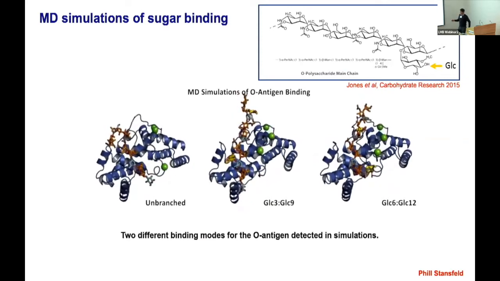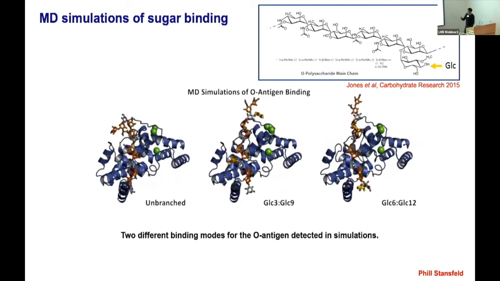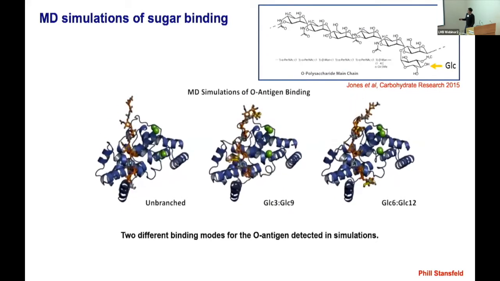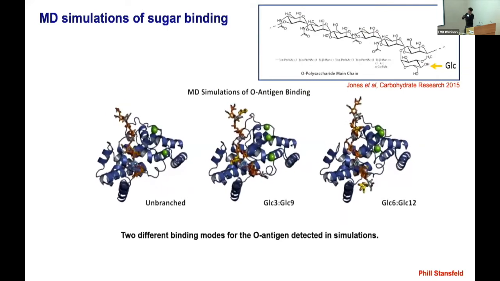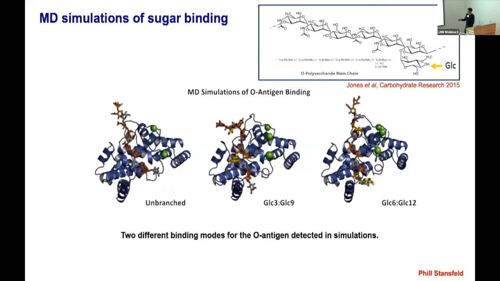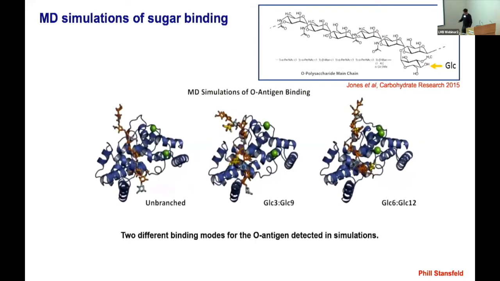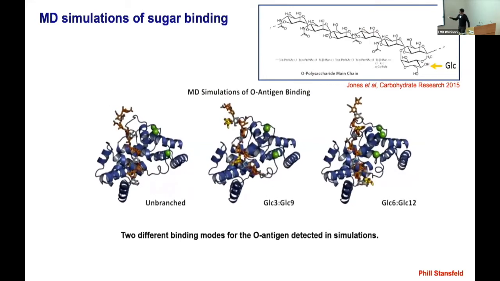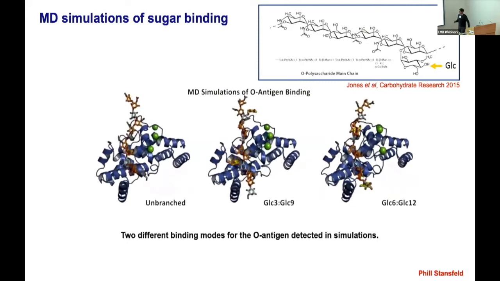So we performed several MD simulations with different positions of the branching sugar, and we detected 2 different modes of binding of the O-antigen, where the sugar is just displaced by 3 positions, and both were equally stable in the MD simulations. So we wanted to understand which of the 2 was the reality in our structure.